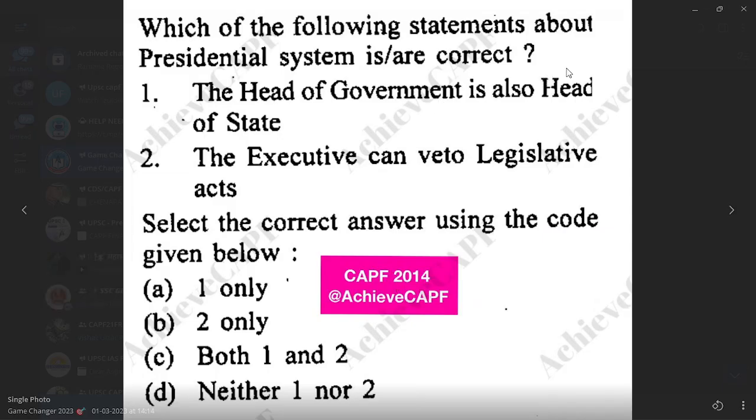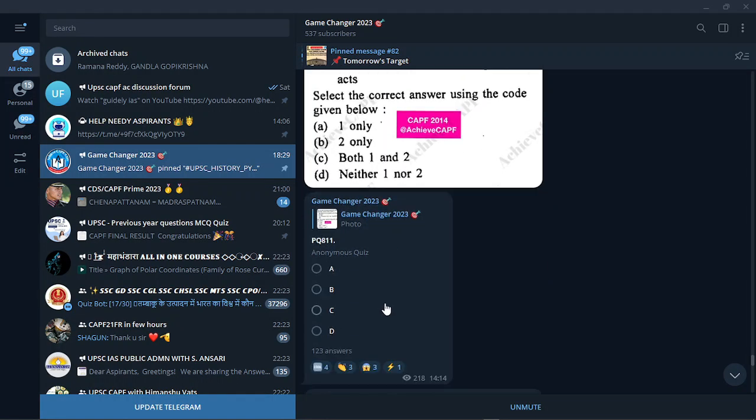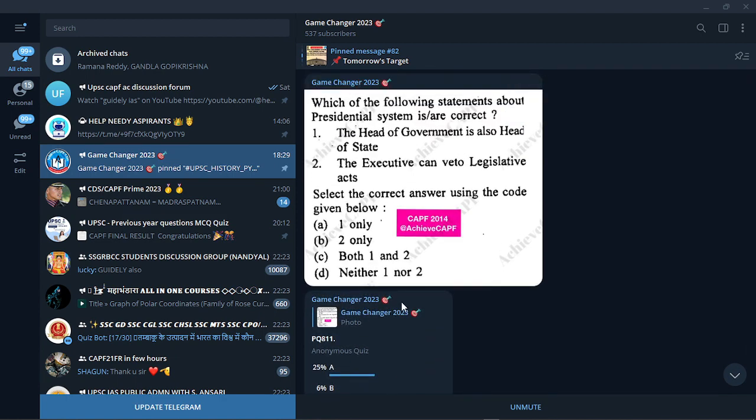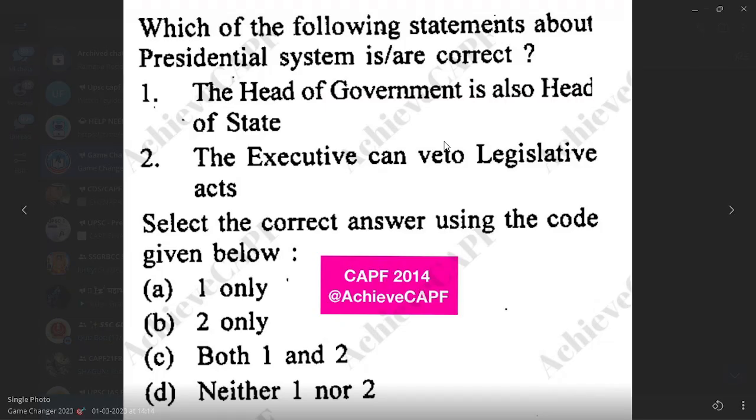Next, which of the following statements about presidential system is correct? The head of a government is also a head of a state. Wrong. Head of government, head of state. Wrong. Executive, legislative acts. Both wrong. In the presidential form the head will be at the center, he will be head of the states also. Presidential system, it is correct. What about this: executive can veto legislative acts?